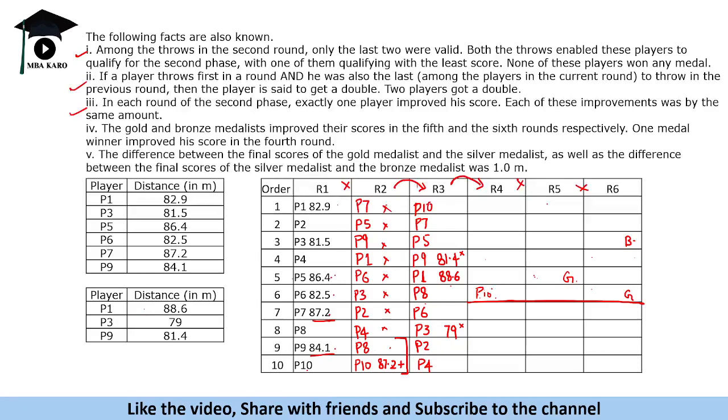And so P10 is not winning any medal, okay? So even if P10 was here, the person would have won a medal among the top three, isn't it? Because P10 cannot move to the fourth position because in these rounds only one improvement is there, right? So P10 cannot be the top performer in this round.